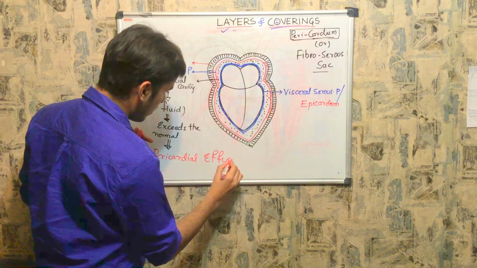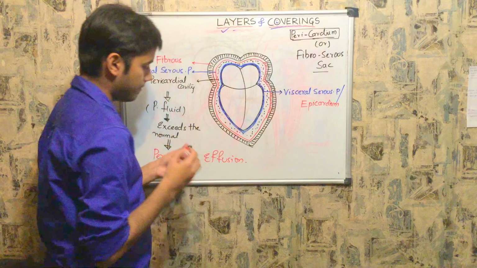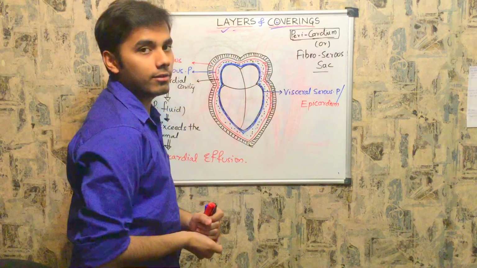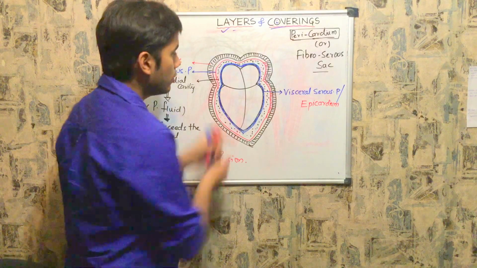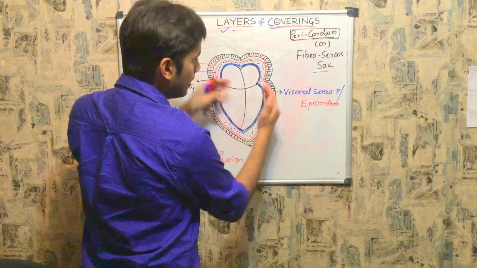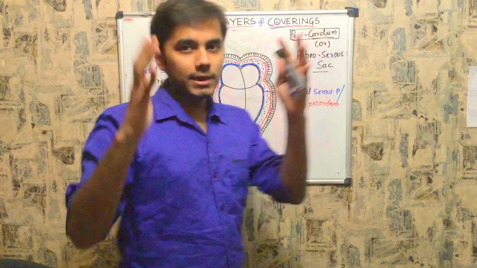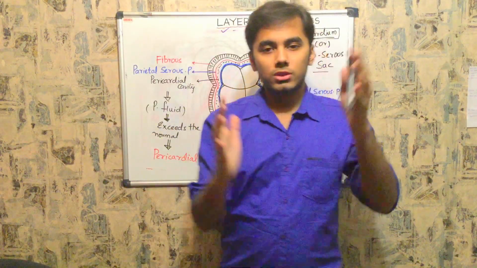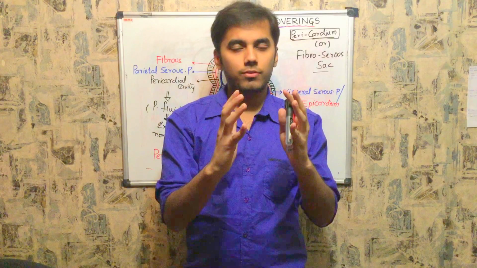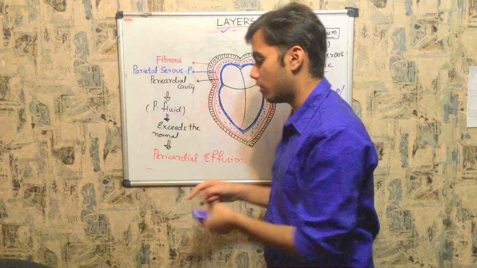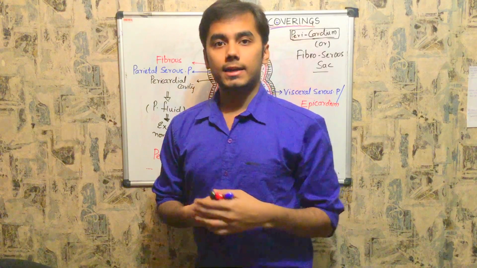What happens due to this pericardial effusion? A lot of fluid accumulates in the pericardial cavity. This fluid creates pressure on the heart and completely compresses it. This condition of compression of the heart due to excessive fluid in the pericardial cavity is called cardiac tamponade.